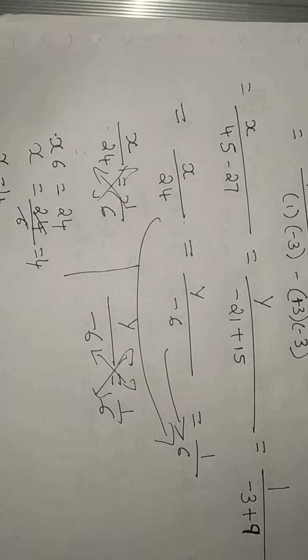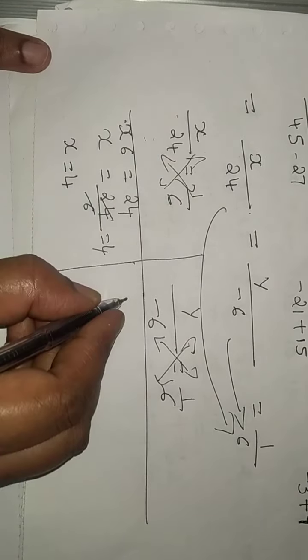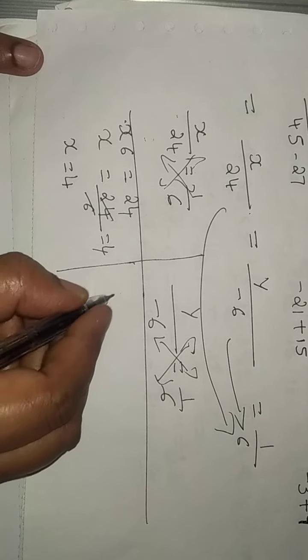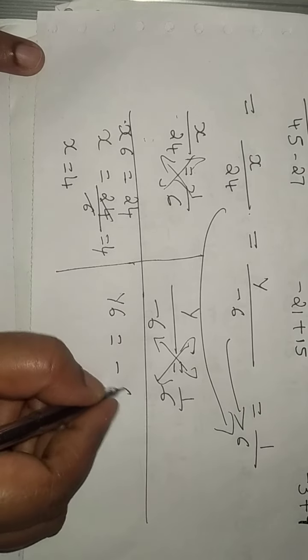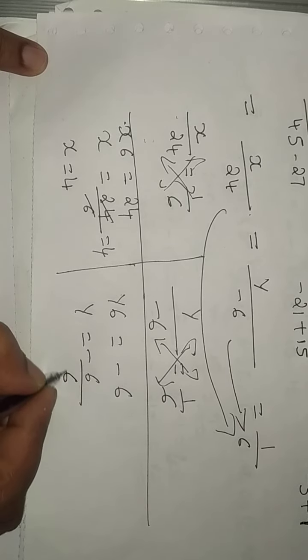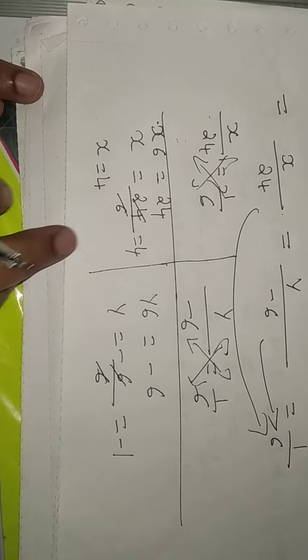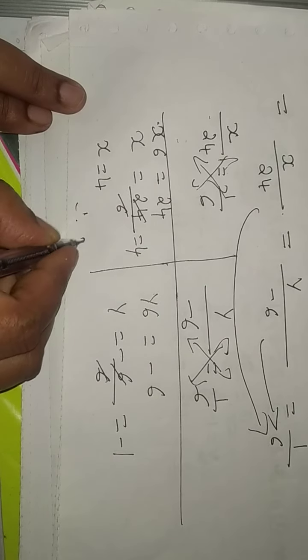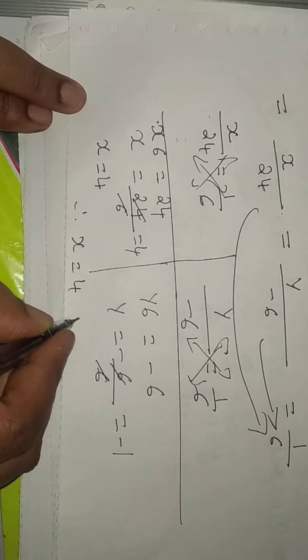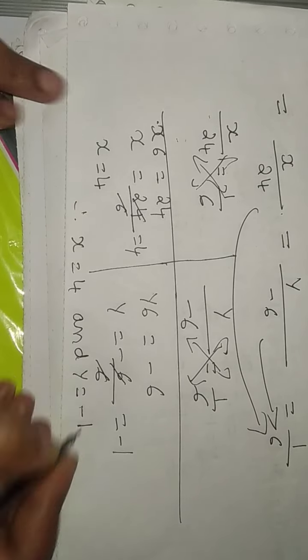Finally x is equal to 4. Next, then y is equal to, therefore 6y is equal to minus 6, therefore y is equal to minus 6 by 6, therefore y is equal to minus 1. Finally what we are getting, therefore x is equal to 4 and y is equal to minus 1.